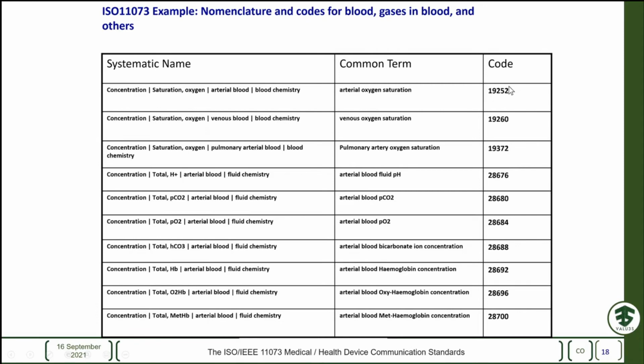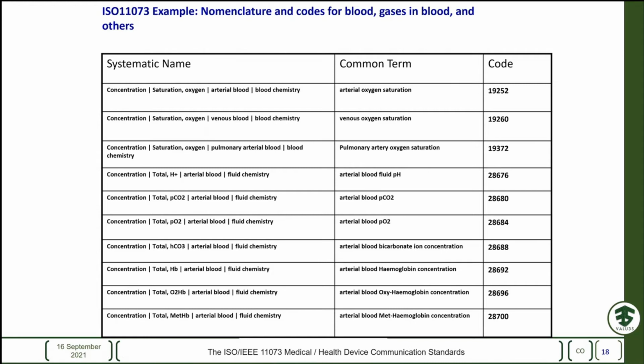There is a code, 19252, that is related to a common term, arterial oxygen saturation, that is the oxygen in blood. And then we would have a systematic name based on these labels, like concentration of saturation oxygen in arterial blood, and blood chemistry. So there is a code in the end for every particular vital sign.